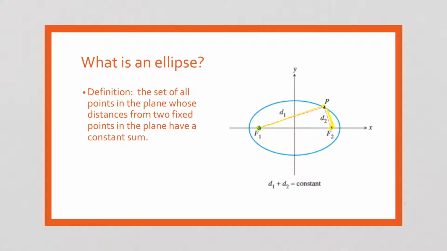So if I went from this focus to this point and that point over, it would be the same constant if I added those distances together. I can also go down here and back, and those distances are going to add up to the same constant value. So anywhere I go along this curve.